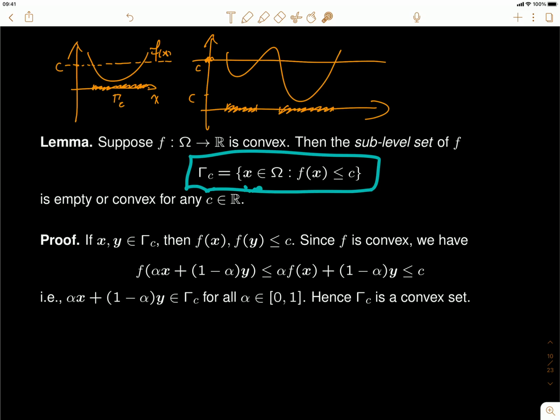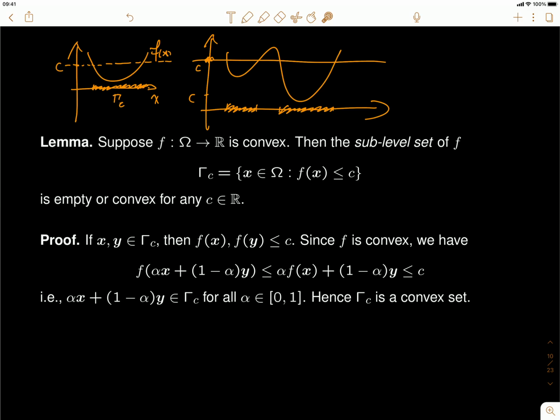Suppose x and y are in this set, then we need to check if this point is also in the set for any alpha between 0 and 1. And to show that, we just need to show that the function value of this point here is also less than or equal to c, right? Because that's how the sublevel set is defined. To show that is pretty simple.